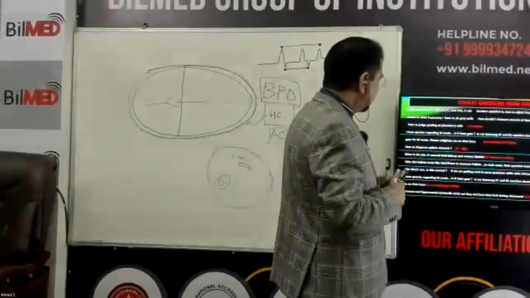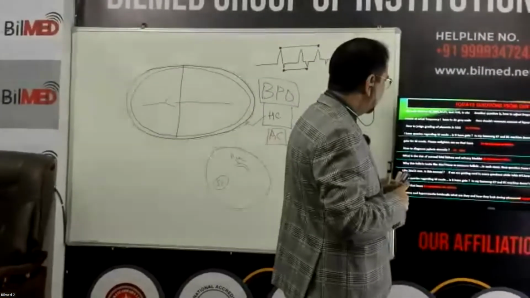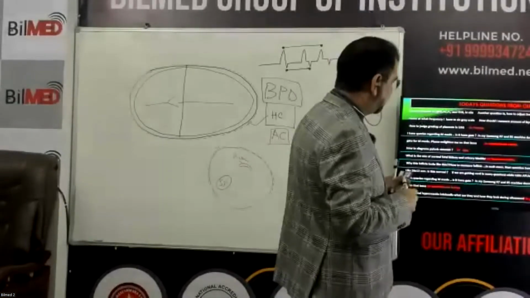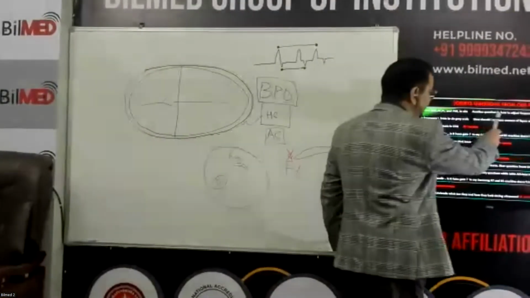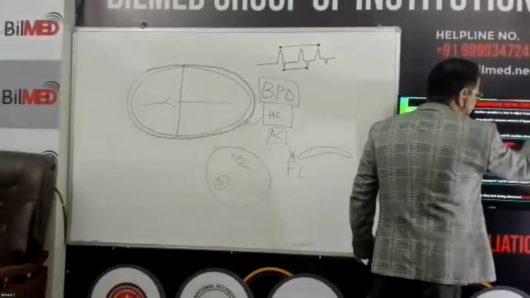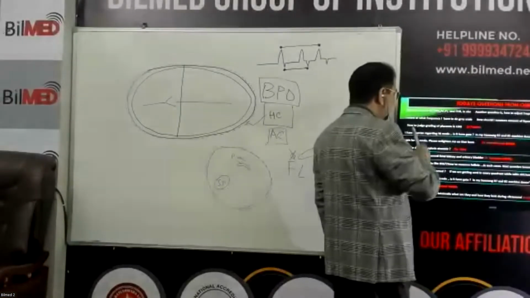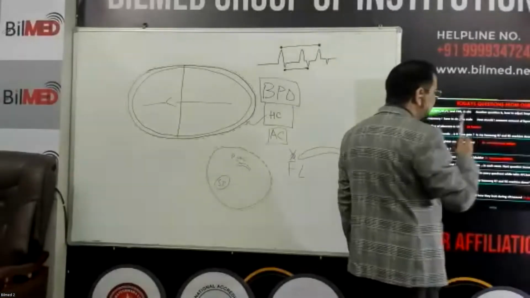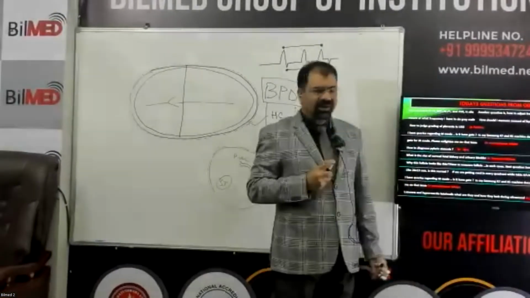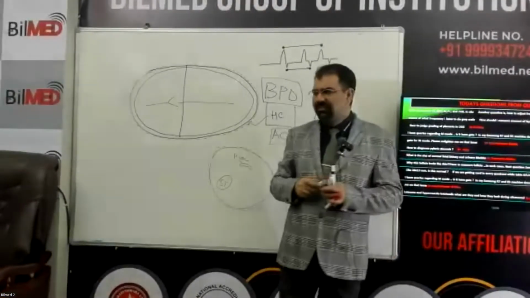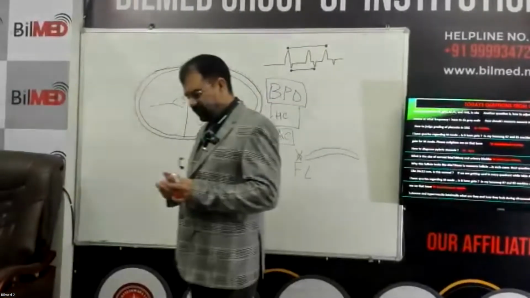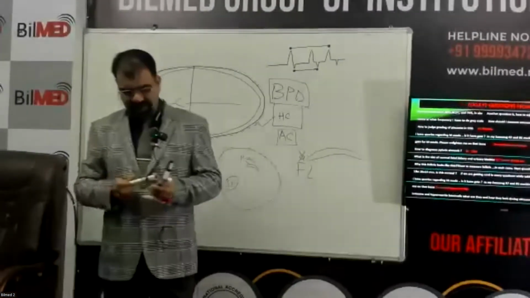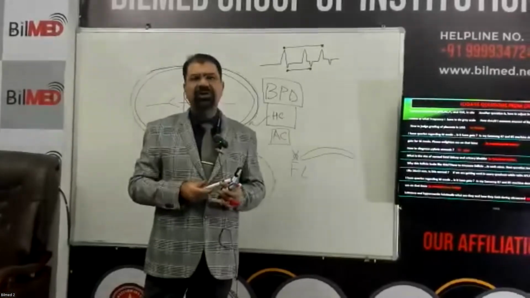Next question from Dr. Pratima is how to adjust the frequency. How to adjust the frequency while doing grayscale and color Doppler, meaning at what frequency I have to do grayscale. Dr. Pratima, you are posting a question that how much should be the frequency?